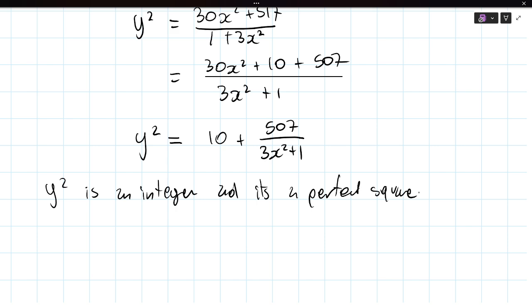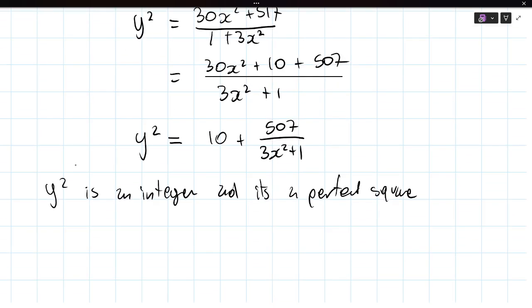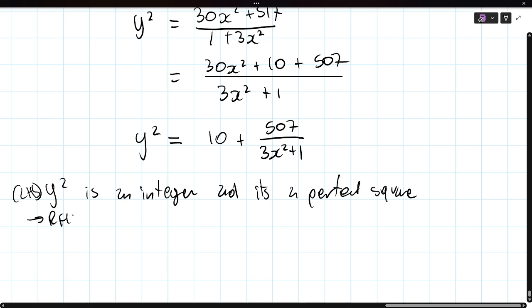Okay, that's very important. This implies that if my left-hand side is all of these things, then my right-hand side must also be an integer and a perfect square.